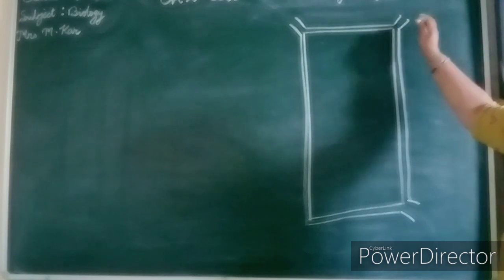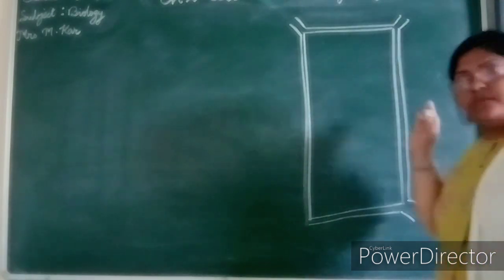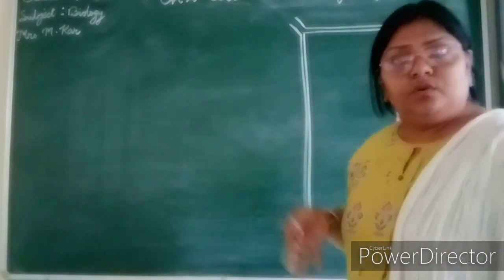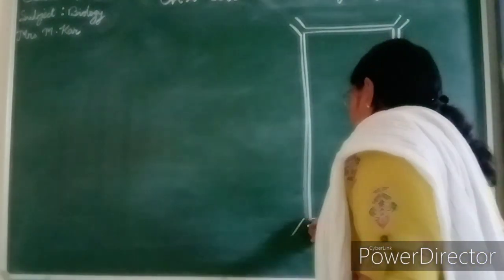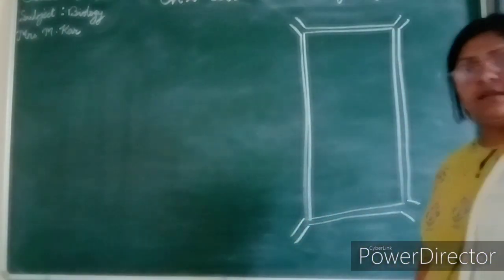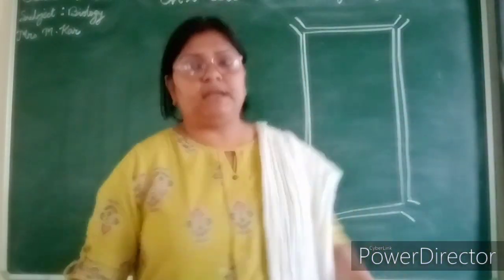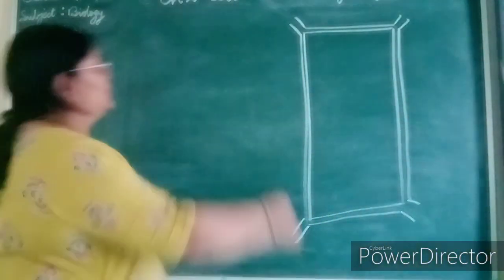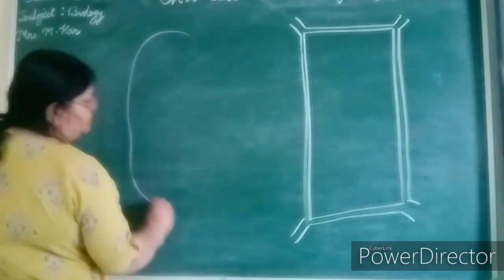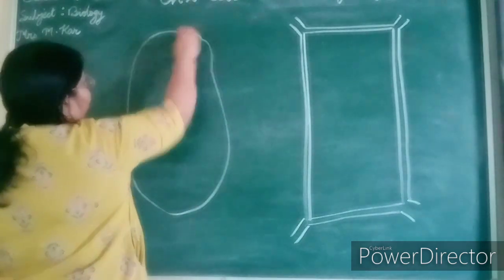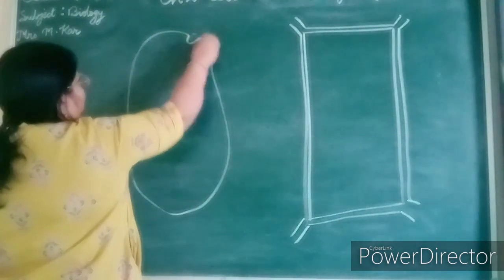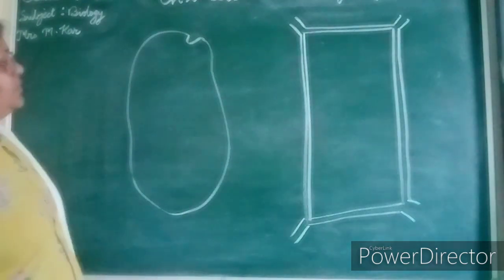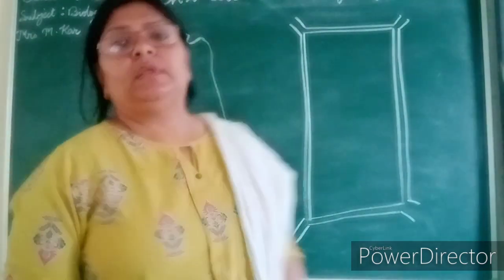It is because these are the extension for the next cell, for the adjacent cell. Okay. Fine. Now an animal cell has an irregular shape. So let's take an oval shape for an animal cell.